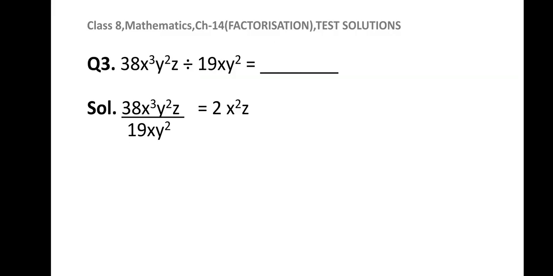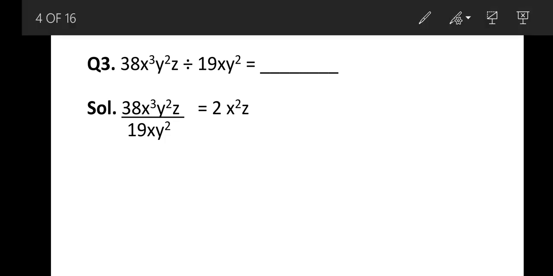Let us talk about question number 3. You need to divide 38x cube y square z by 19xy square. We need to divide these two terms, and let us see the answer. 19 will cancel out 38, and you will be getting 2. 1 x is present along with 19, so it will cancel out 1 power of x, so we will be getting x square.